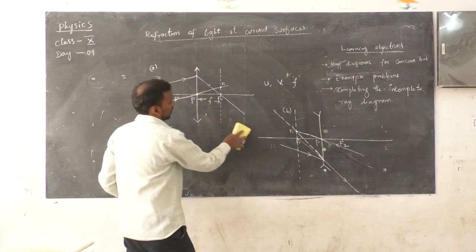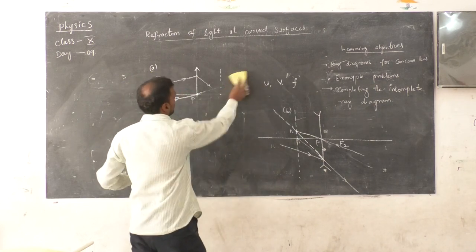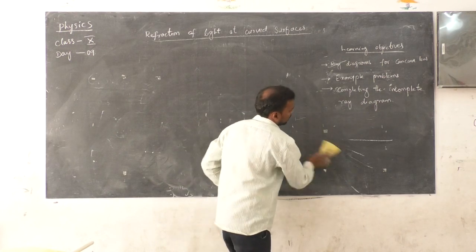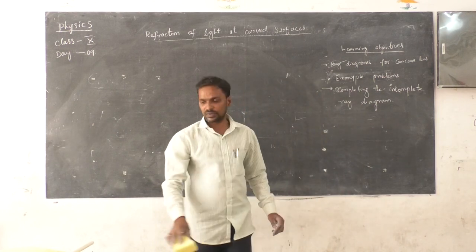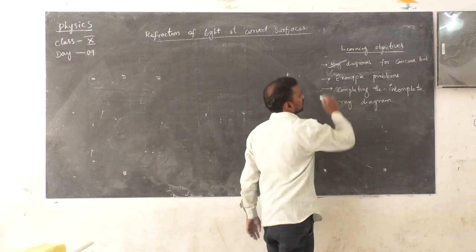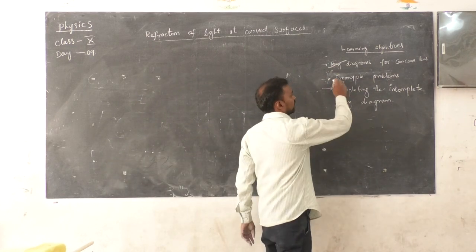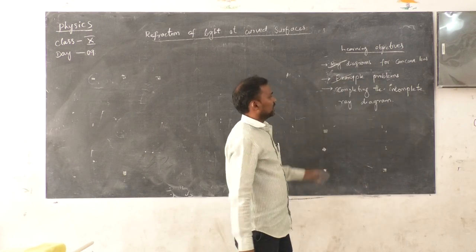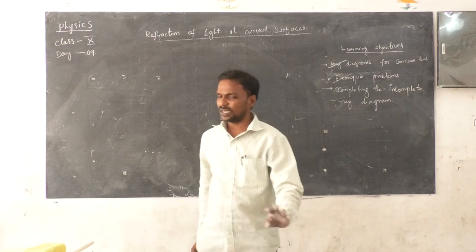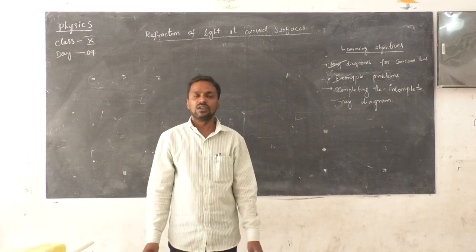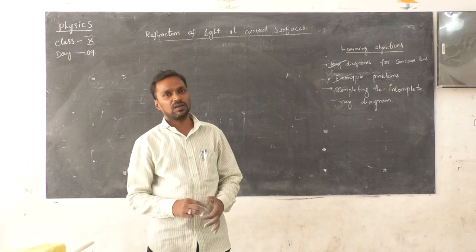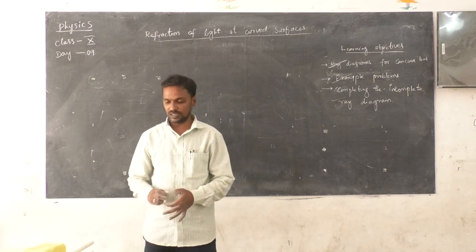These two were incomplete figures, and we have drawn the diagrams and completed them. One diagram is the ray diagram for a concave lens. Not only these two, you can try many more which are given in the exercise.